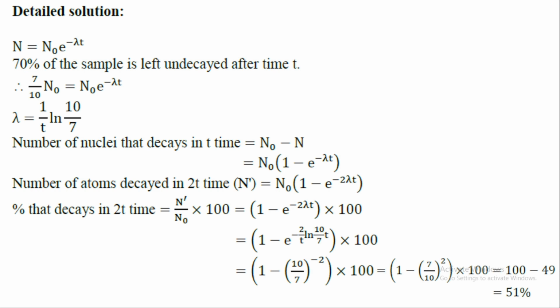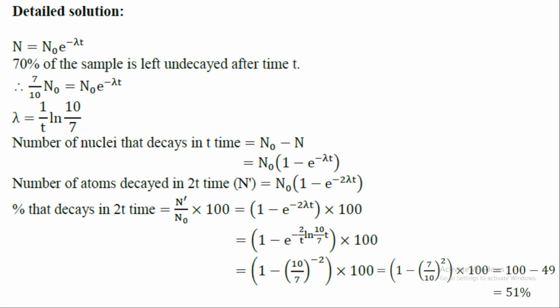So minus 2 by t into 10 by 7, and this minus 2 is in the power of e, so it will go in the power of 10 by 7. Then t will get cancelled out with t. So 10 by 7 raised to the power of minus 2. It can also be written as 7 by 10 raised to the power of 2. So 1 minus 7 by 10 raised to the power of 2, into 100.